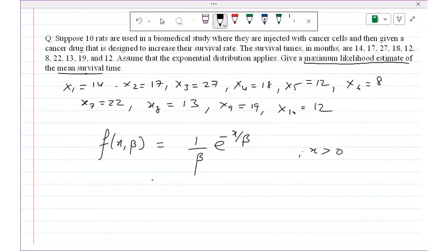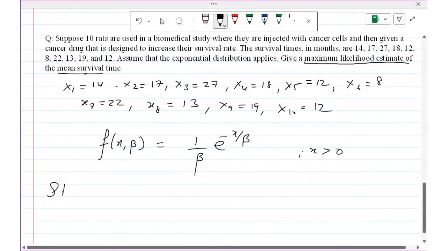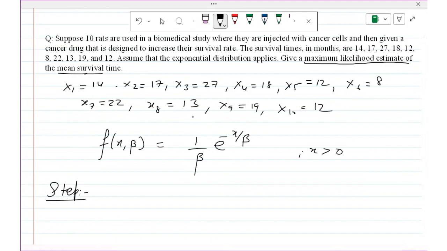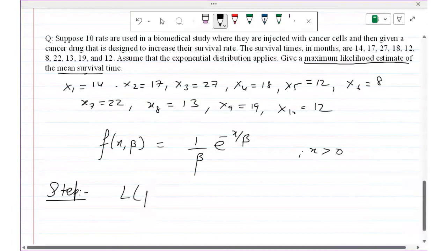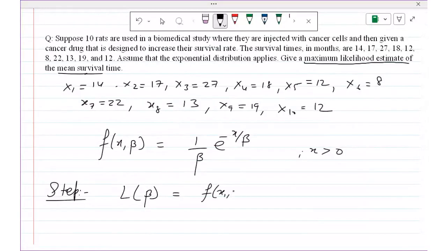Okay. So step 1. Now in this question, I will not solve this for each value by putting in all the values. I will put the values in the end. First, I am finding the likelihood function. So what is the likelihood function? It is the product of f of x1 comma beta into f of x2 comma beta into and so on.